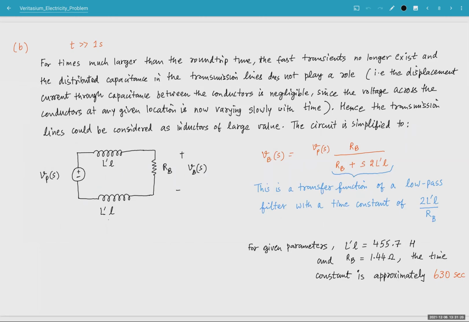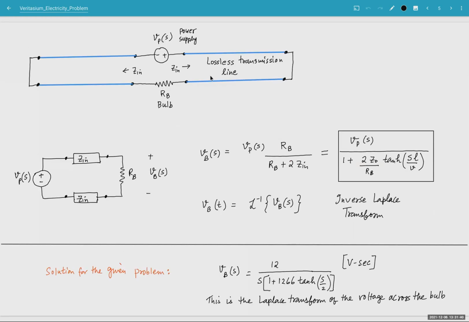At much longer time scales, all these transients slowly die out, and then the change in the voltage across the bulb is much slower with time. And so in that sense, all the distributed capacitance or the shunt capacitances between these conductors in the transmission line, since the voltage at any point in the transmission line is no longer changing very fast, the current conducting through the capacitance is proportional to the time derivative of the voltage, how fast the voltage is changing across the two ends of the capacitor.